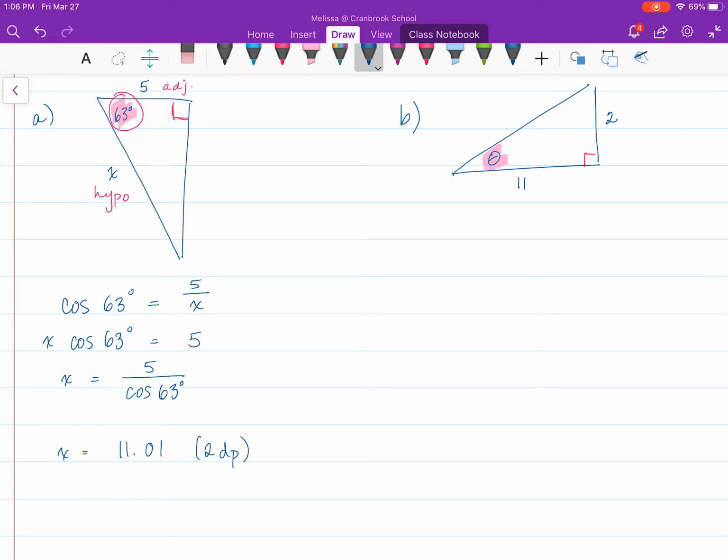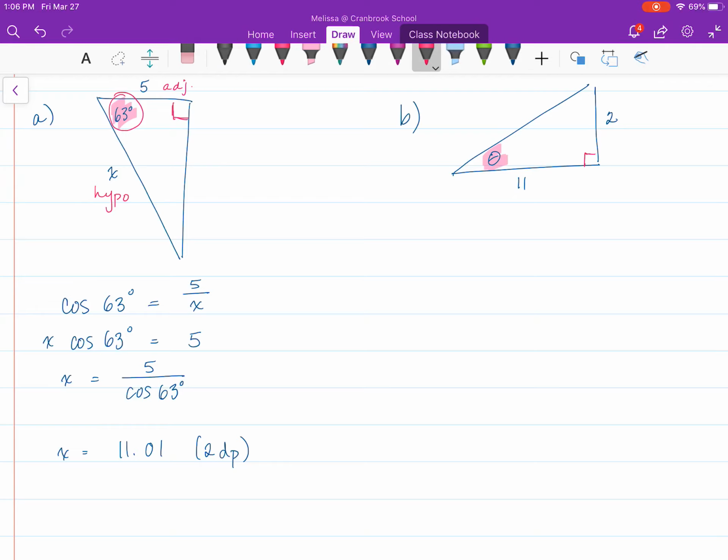If you're in radian mode, you'll get something very different. So although you might have done all of the correct steps, you'll still get the incorrect answer if you're in radian mode.